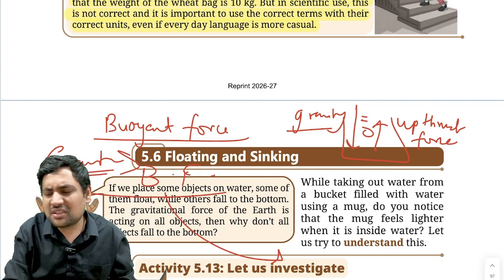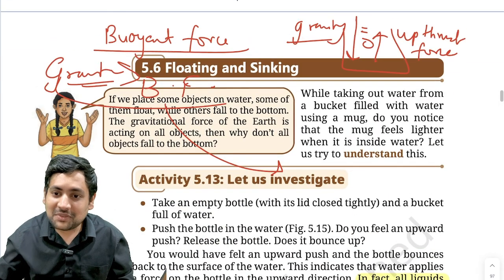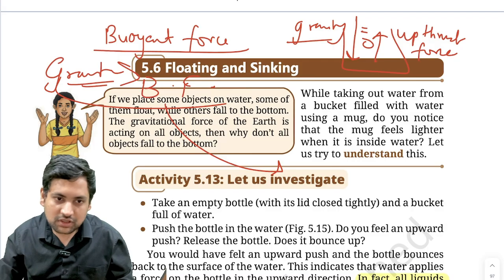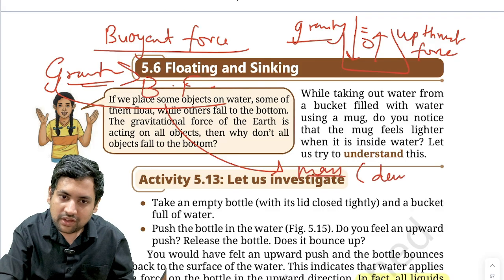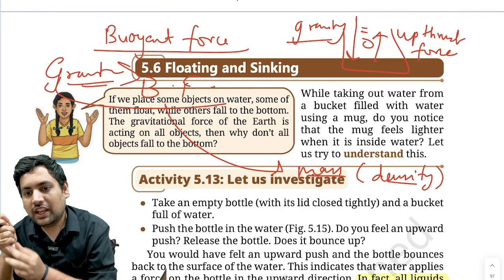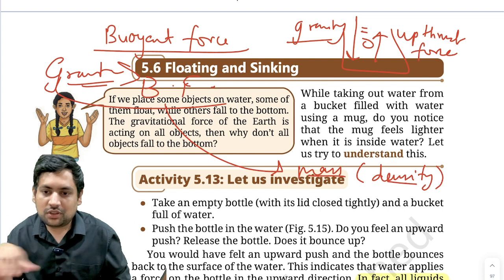Now when you have gravitational force high, as you understood, something that has more weight or more mass will have higher gravitational force, correct? So here, if mass, or more precisely if I tell you density, how dense is the object, if it is greater, then an object will sink. If it is very small, then it will float.